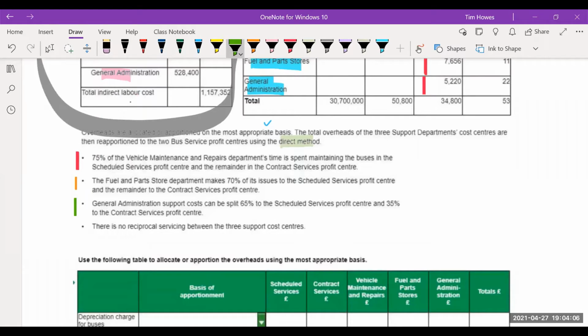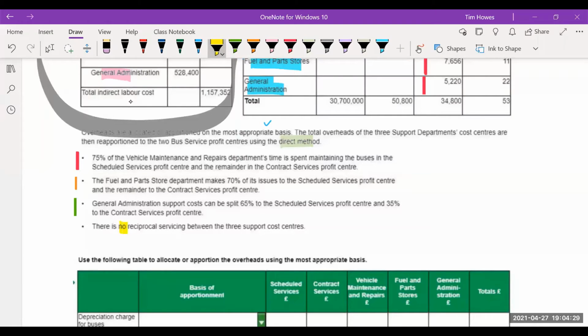It said 60%, sorry, no, it doesn't, 65% to scheduled services and 35% to contract services. Now, why they decided to tell you the 65 and 35, but not the 70 and 30, 75 and 25 is beyond me. But nonetheless, I'm sure we can work out the missing bit from 100%.